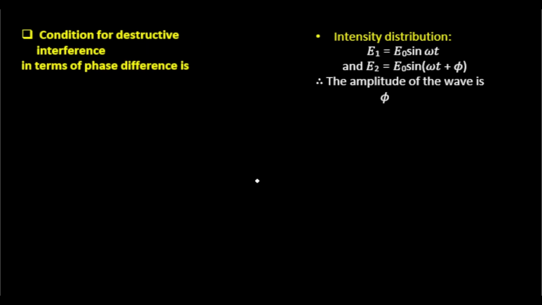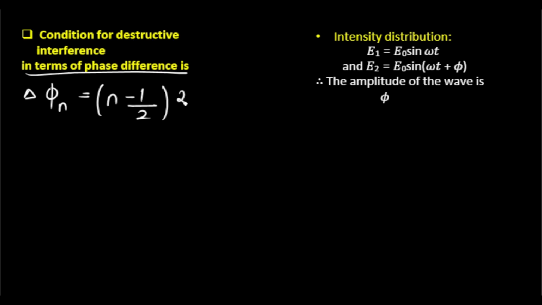Now we have the condition for destructive interference in terms of phase difference. Change in phi n is equal to n minus 1 by 2 into 2 pi, where n is 0, plus minus 1, plus minus 2, and so on.